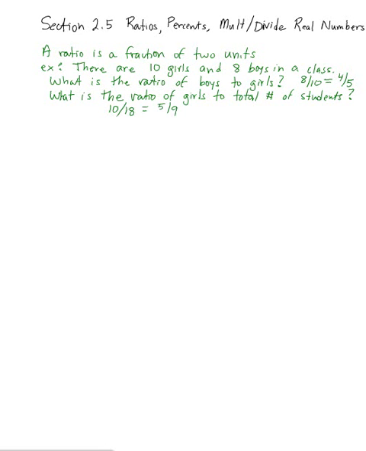Now, an important kind of ratio that you see quite often is called the unit ratio. The unit ratio means the denominator is 1. And so very often when you have a unit ratio, you're going to write things in terms of decimals.